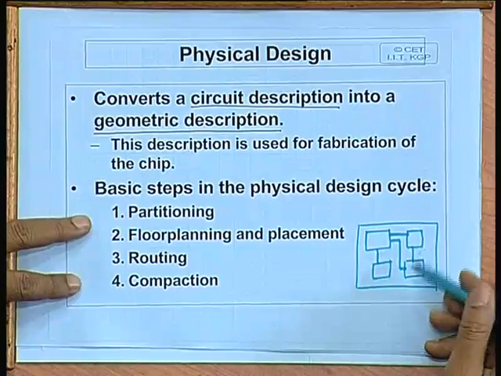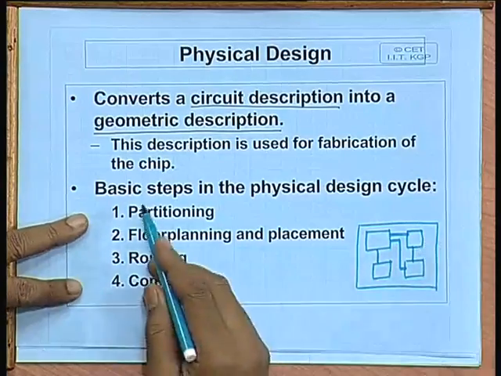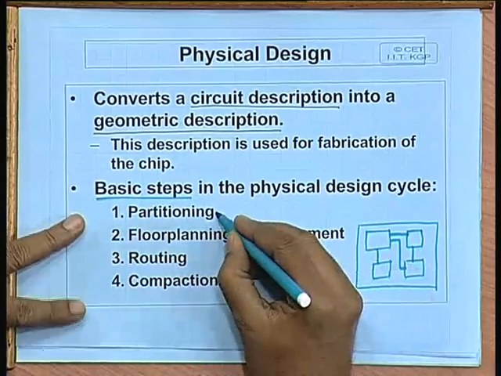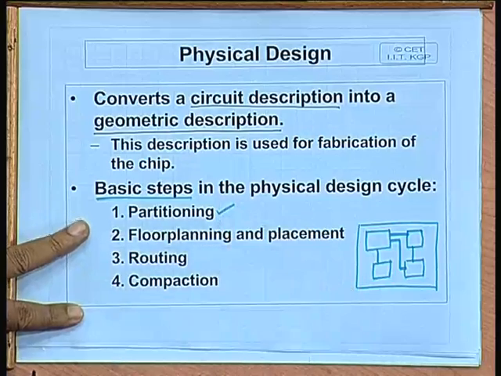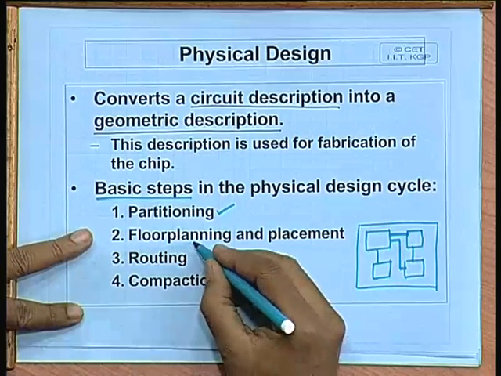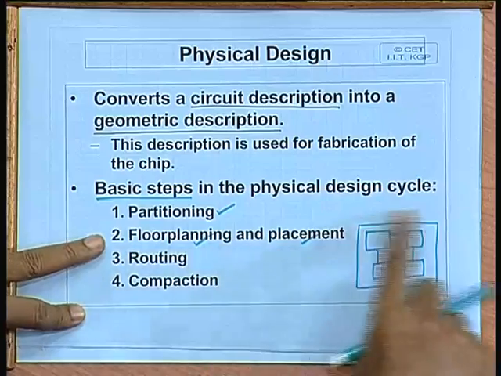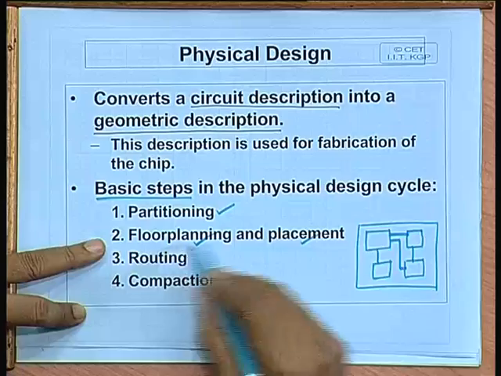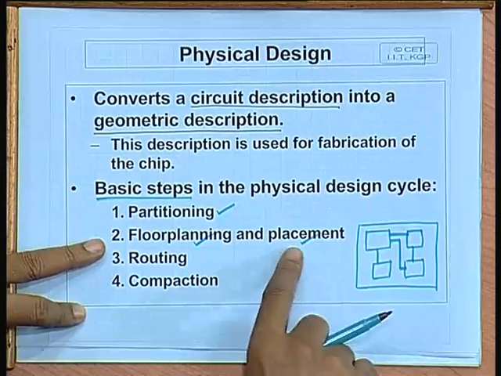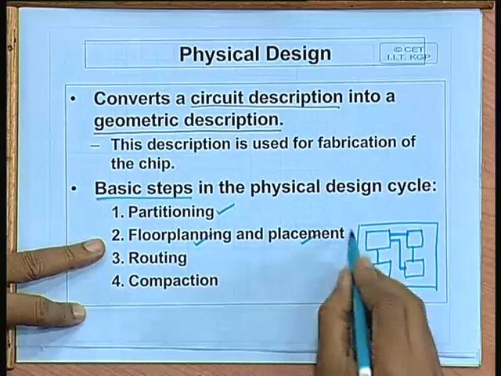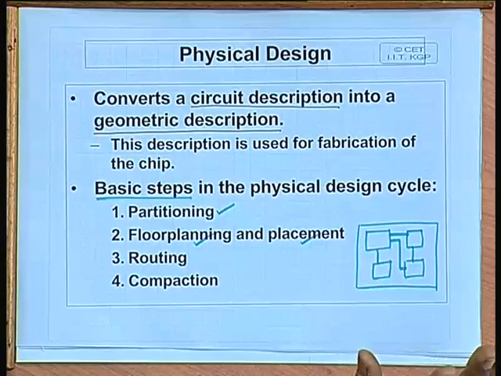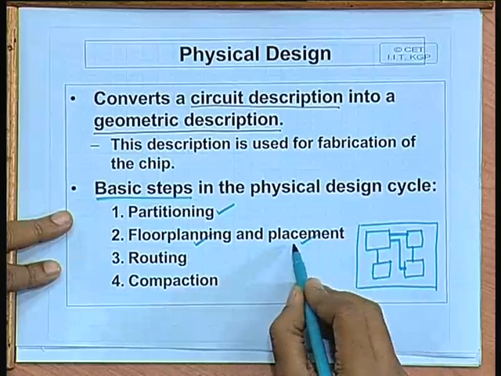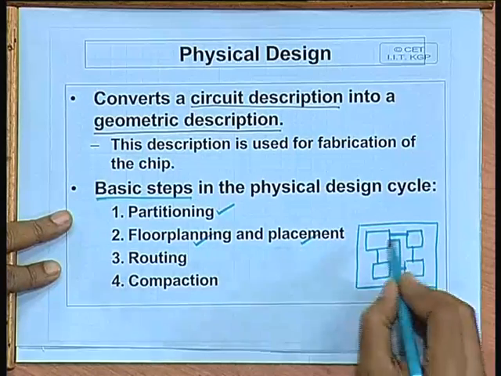Now, the basic steps involved in this process are, of course, if it is a big design you have to do some partitioning, floor planning and placement. Just like when you are building a house, you have to make a plan at the beginning. First you plan roughly where you will put what, then you refine your specification with respect to the netlist, and you can carry out the actual placement.